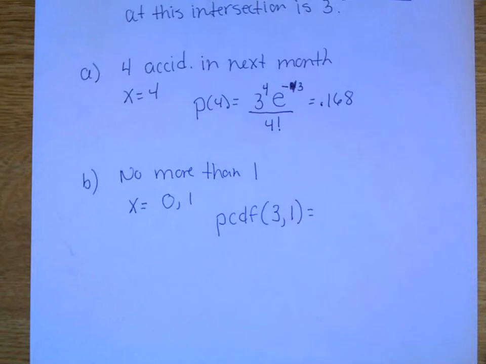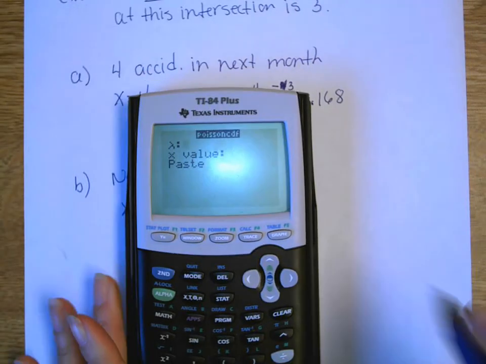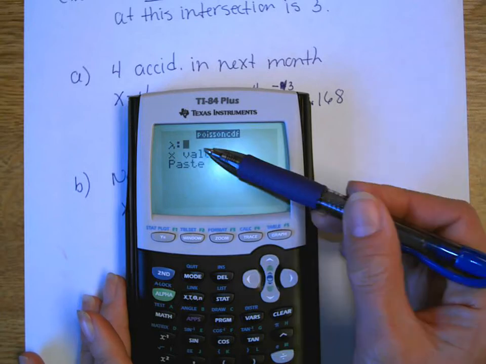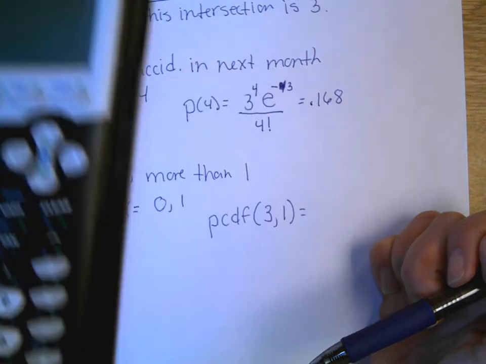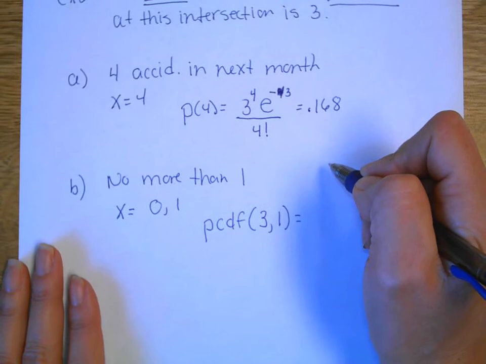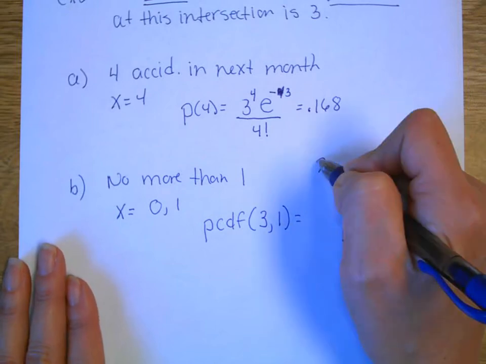So the program has, instead of mu, it has lambda. It's like an upside down Y. But that is the mu. Maybe our book is too old. Maybe they've switched.